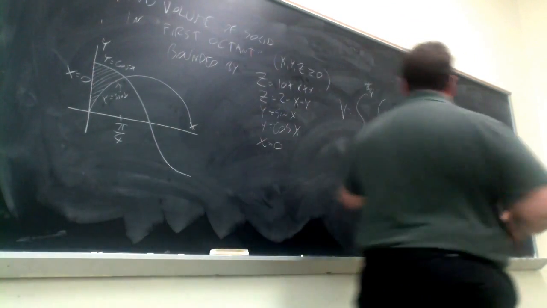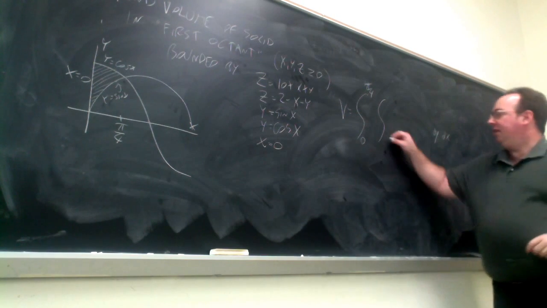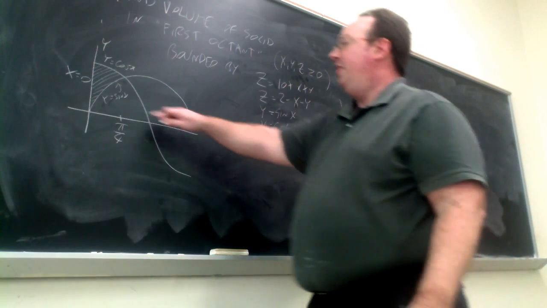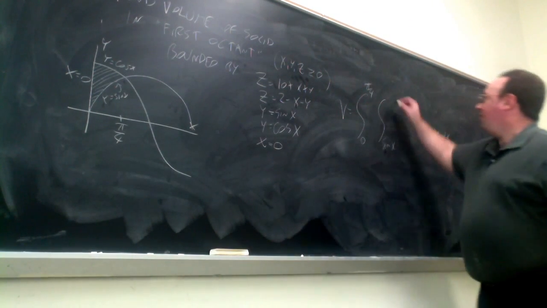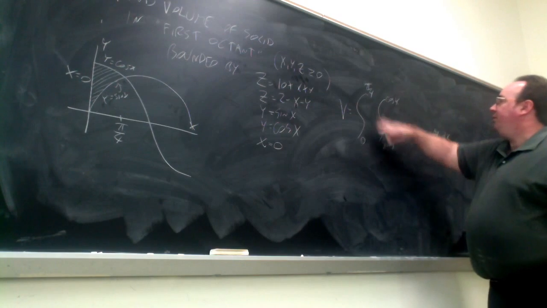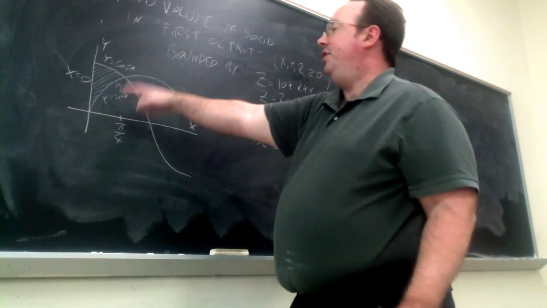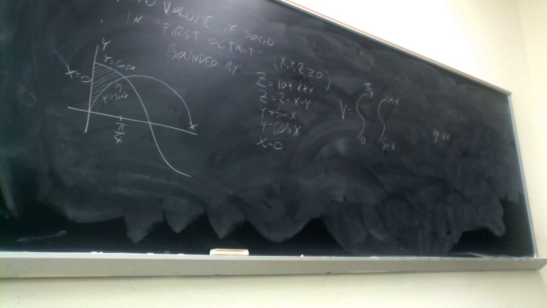So we need our bottom boundary and our top boundary. Sine, because between 0 and pi over 4, sine is less. So that's why it's the lower limit. And then cosine. So these limits cover the shaded region right here, left to right, bottom to top.